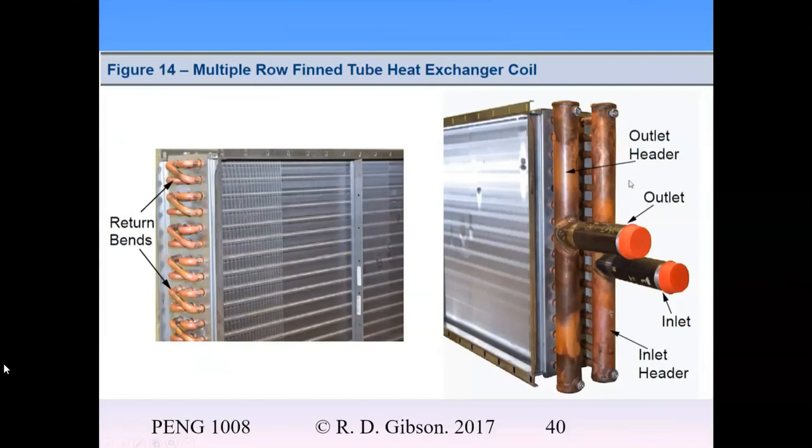Okay, and this guy we could consider to be, as we go back to our terminology, one of those cross counterflow arrangements, right? So air moves across the heat exchange surface at 90 degrees, and we've got some section where water comes in, and then makes a bend and comes back in the opposite direction.